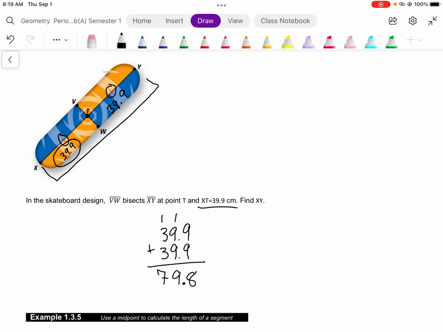And we would get our answer of 79.8. When you're working on word problems like this, and if they give you a label in the problem, don't forget to label your answer. So this one is going to be 79.8 centimeters. And if you want to use a calculator to add them together, that's okay as well.